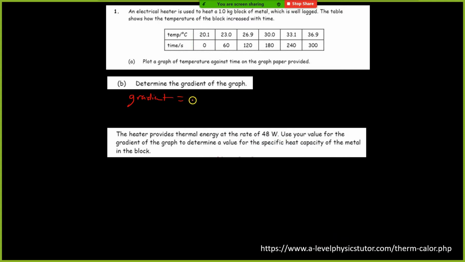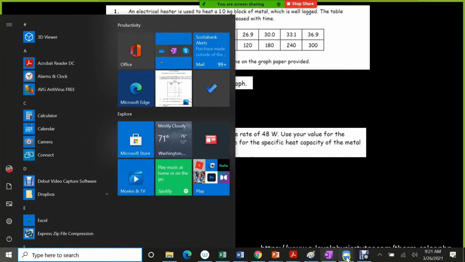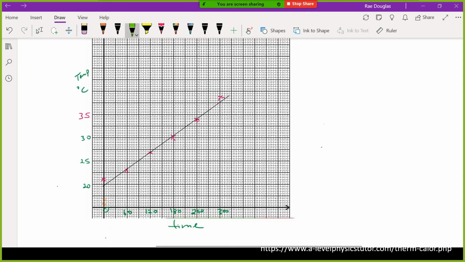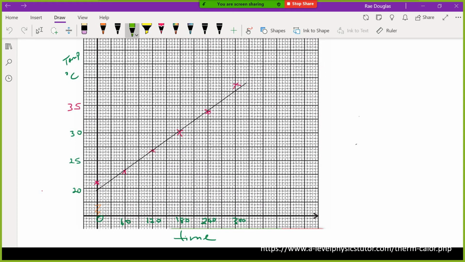As it pertains to the gradient from the graph, let's look back at my graph here. I want to pick 2 points that could essentially represent my gradient completely.